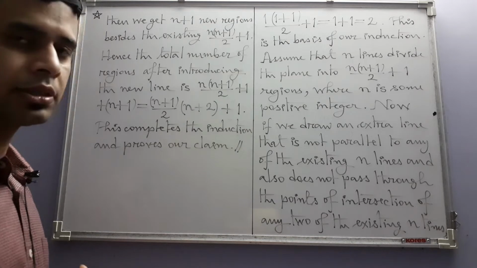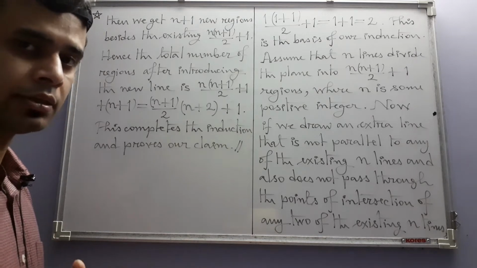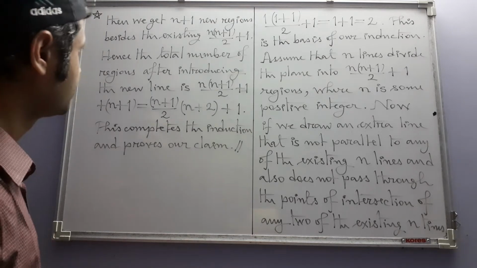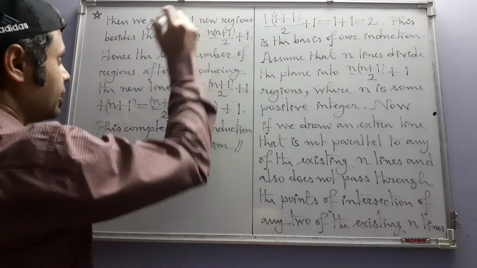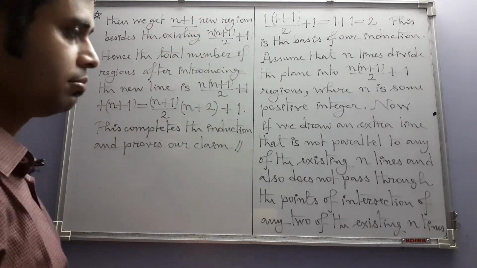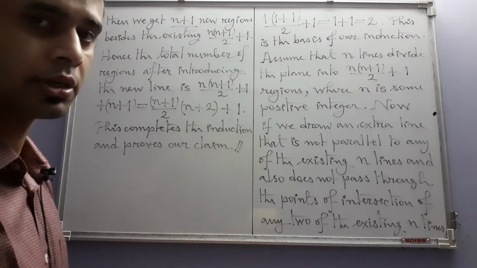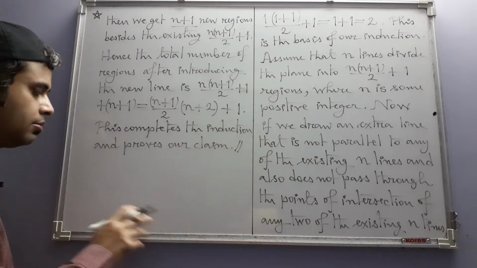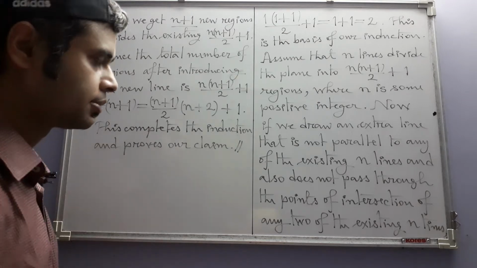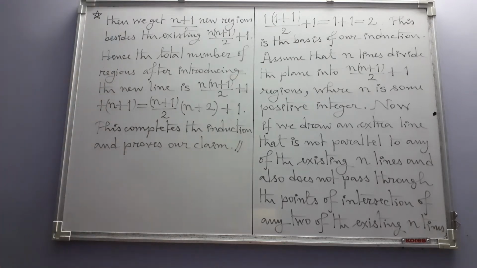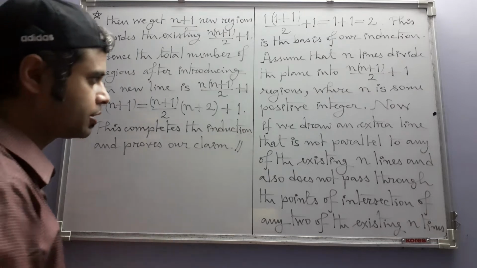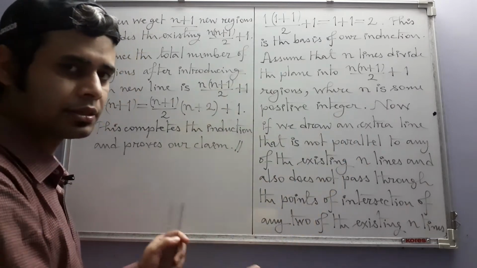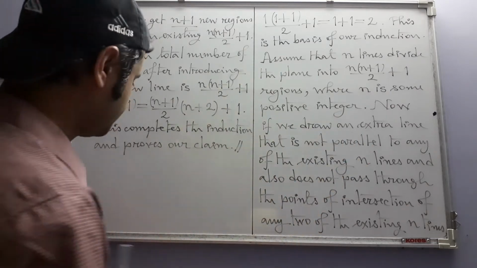But you may have noticed that there is a very big gap in this solution. How do we know that n plus 1 new regions are being generated by the introduction of that new line? For that, let us see some concrete cases first. And this solution, the way it stands now, is actually incomplete.